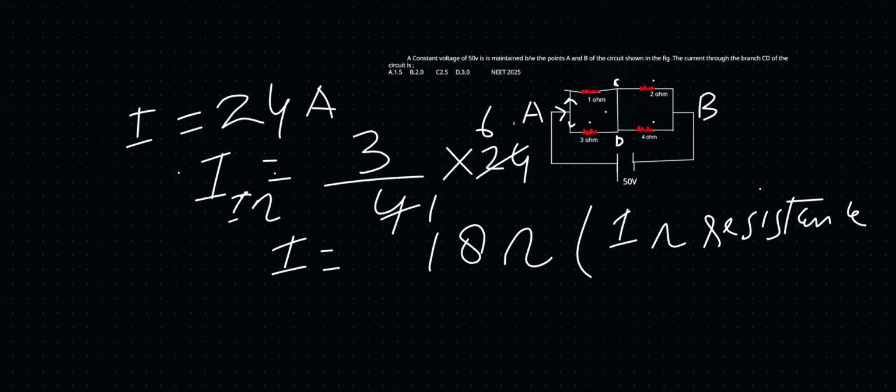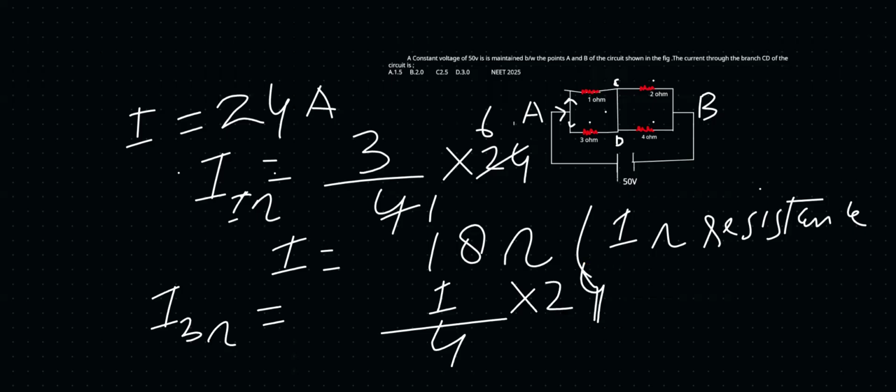Similarly, if I find it through the 3 ohm resistance, the total is 4 and the total current I is 24. So it is 24 and this is 18, and this will be 4 sixes. Wait.